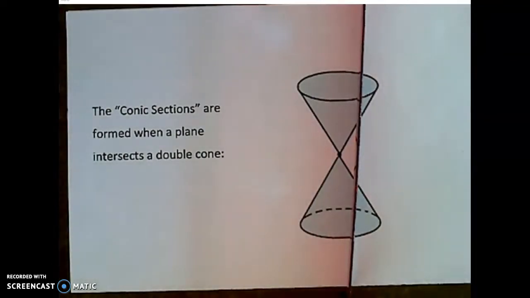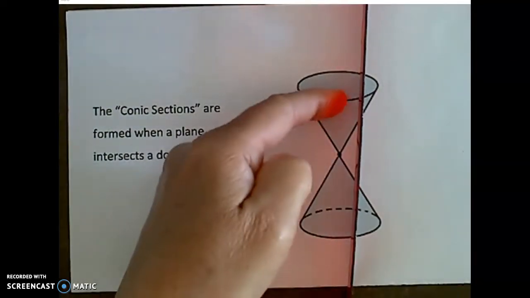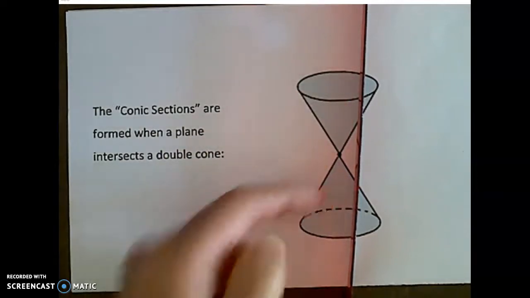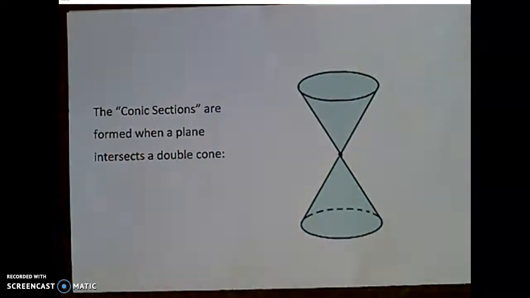I'm going to have that double shape. I'm going to have an arc up here and an arc down here, and I get a hyperbola. That's our fourth conic section, all defined in terms of distances and all formed by when a plane intersects that double cone.